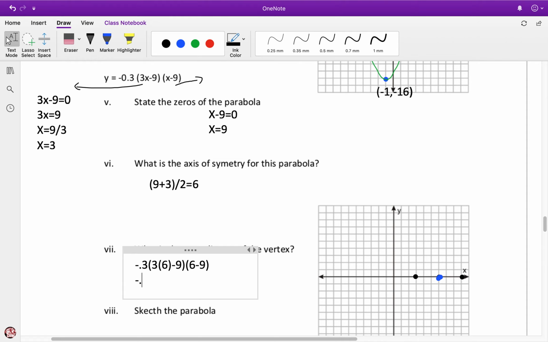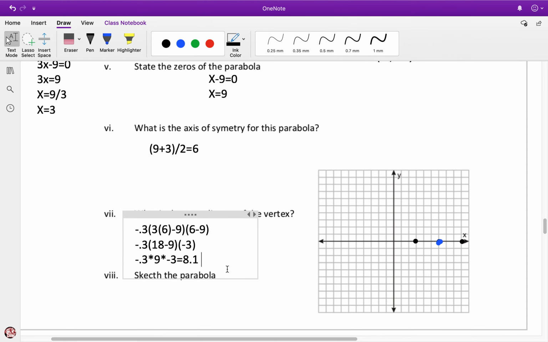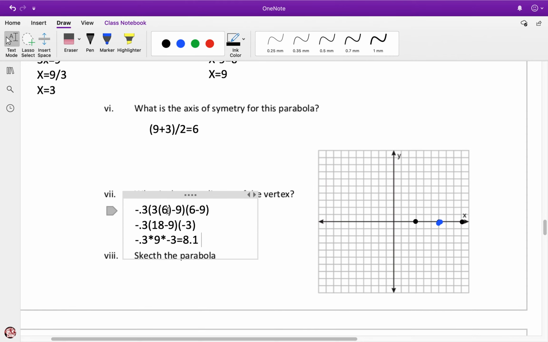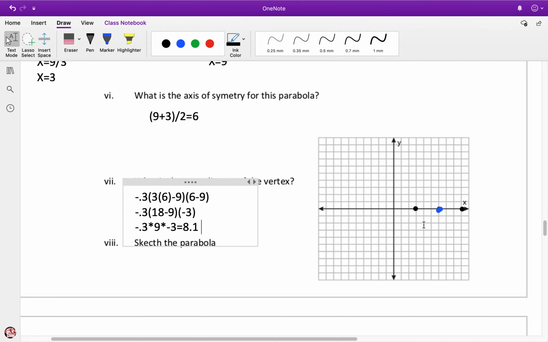So negative 0.3, bracket, that's 18 minus 9, and negative 3. So negative 0.3, I'm going to use times here so that it does my calculation for me. 9 times negative 3. 8.1. Good. So 8.1.